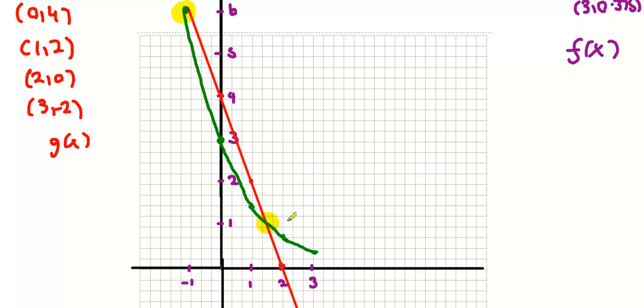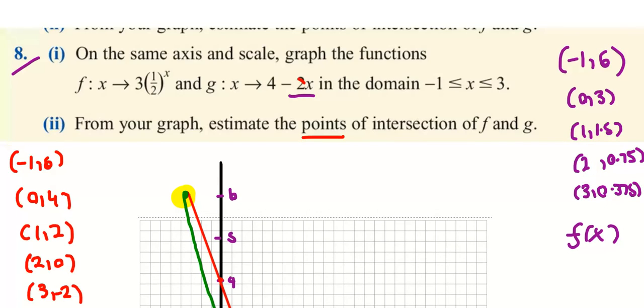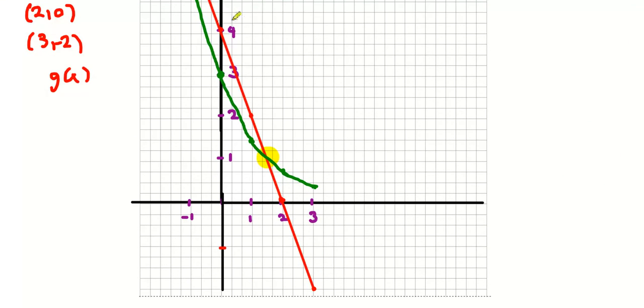I have to figure out what this other point is. It's an awkward one, so I just have to estimate it. Estimate the points of intersection, so I'm going to do the best estimate I can. So we know -1, 6 is 1 point of intersection. I'd say about 1.5 and 1 maybe.